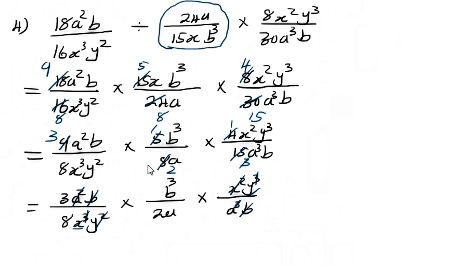Now let's look at here. So let's quickly rewrite what we are left with so that we can continue the simplification. So we have here 3 all over 8x. Recall that it was 1x that is left, times b cubed all over 2a times, no, not 1, it's going to be y over 1.